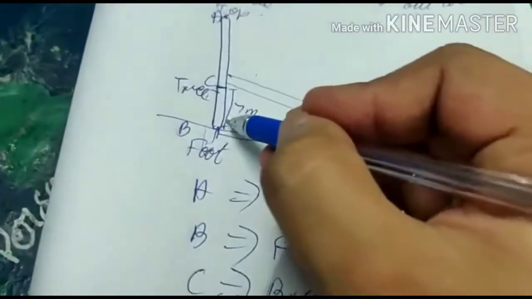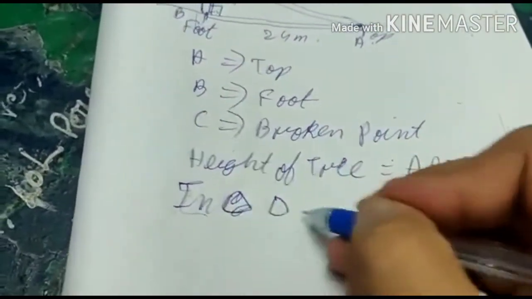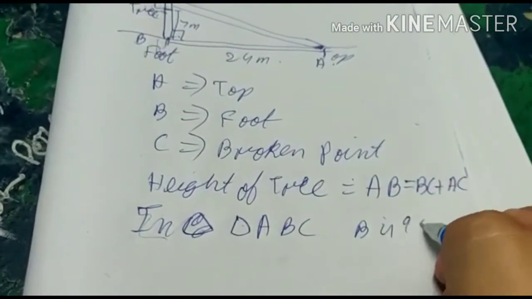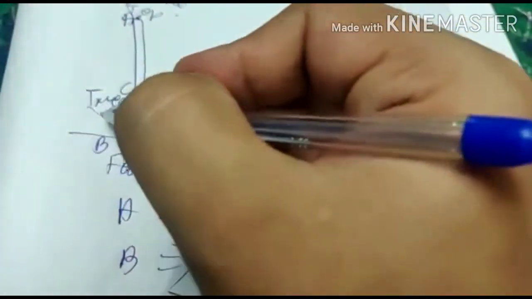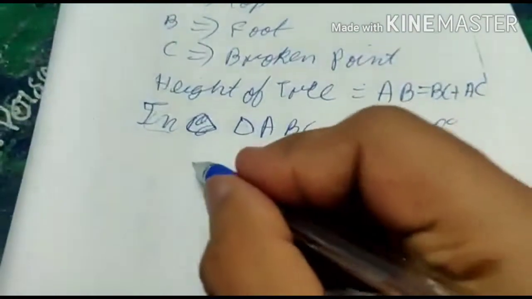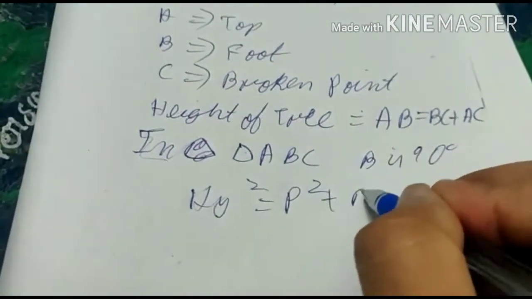Look, this portion is 90 degree. So in triangle ABC, B is 90 degree. So this is hypotenuse, this is perpendicular, this is base. So always hypotenuse square equals P square plus B square.